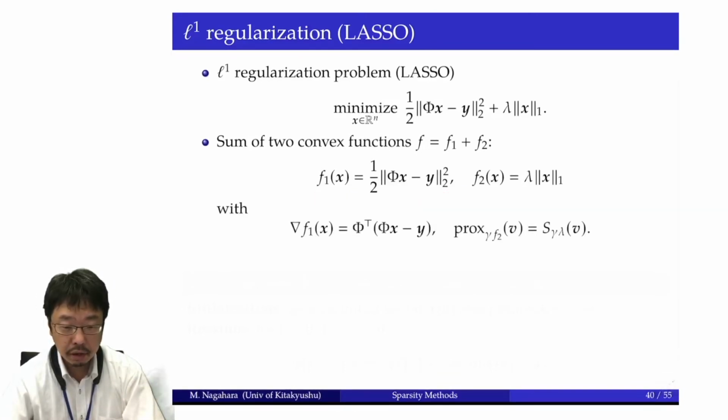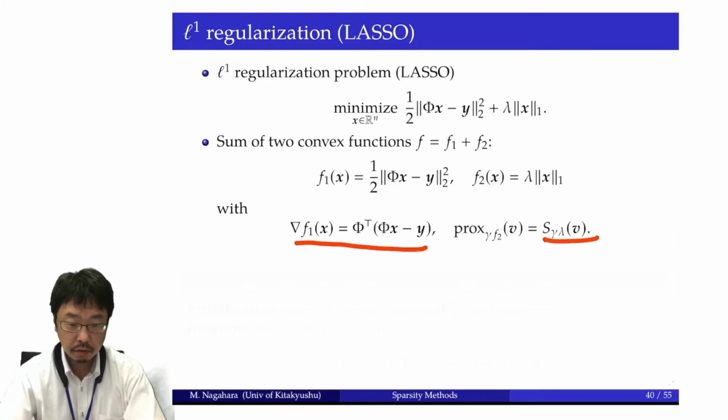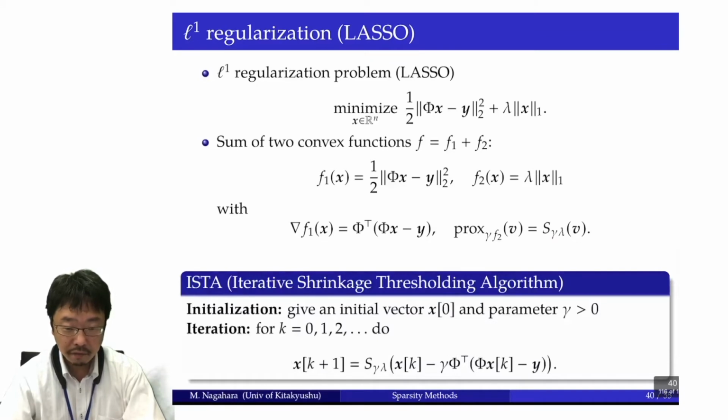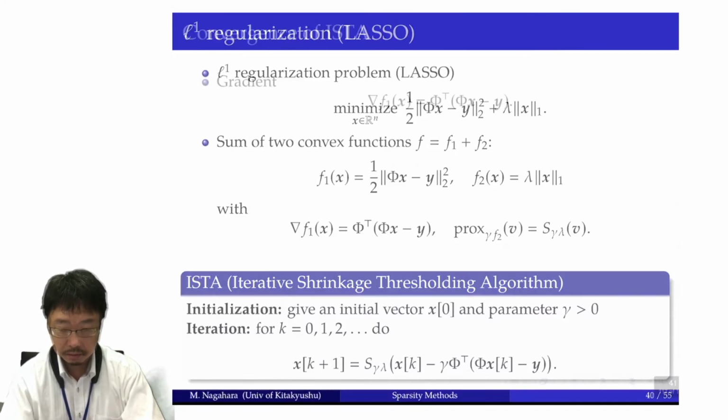The gradient of f1 is given by this, and the proximal operator of f2 is the soft thresholding function. Then we have the proximal gradient algorithm, also known as ISTA, the iterative shrinkage thresholding algorithm. This is also a very simple algorithm and very easy to implement.